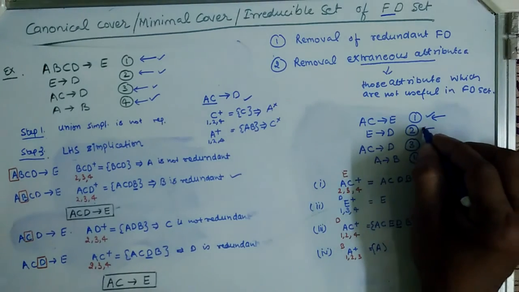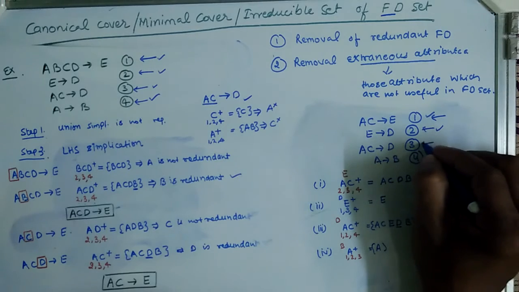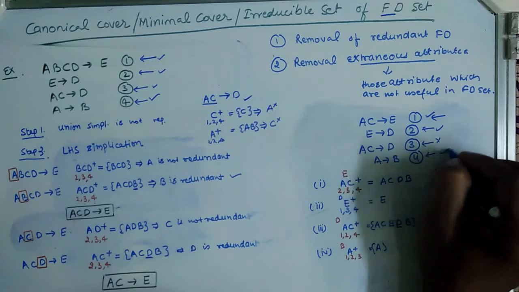So this is a right functional dependency, this one is redundant, and this is a right functional dependency.